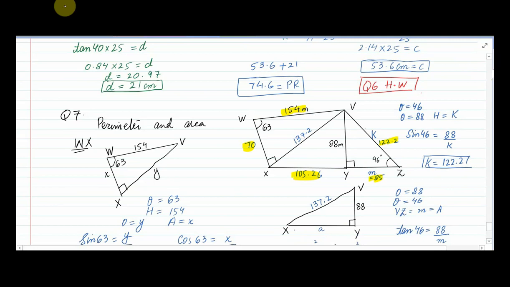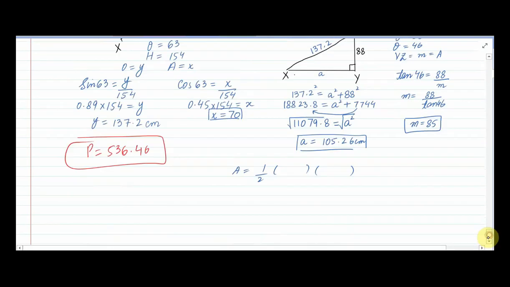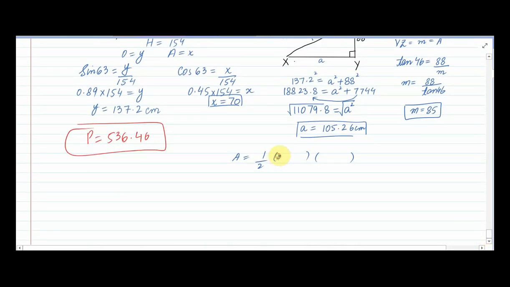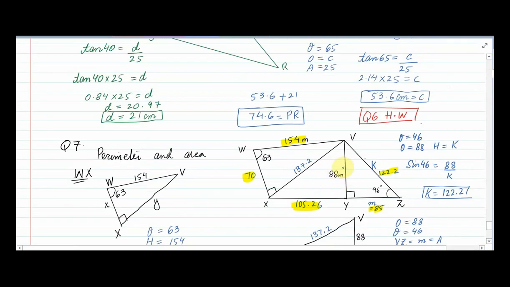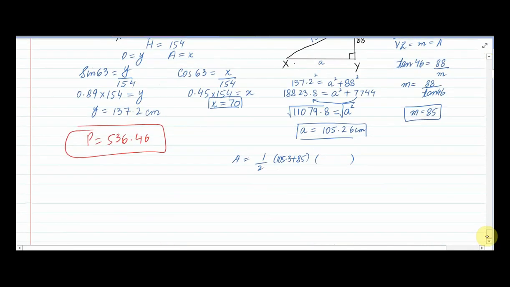Now the base is what? Base is from the length of X till Z. That means 105.26 plus 85, and the height is 88.